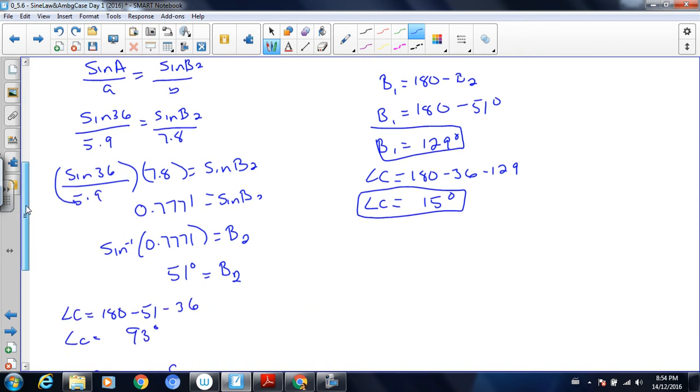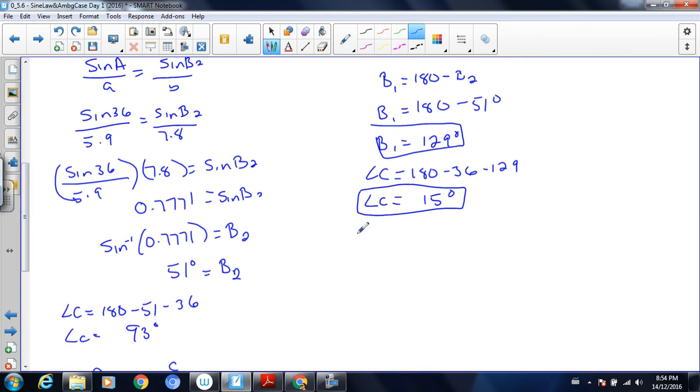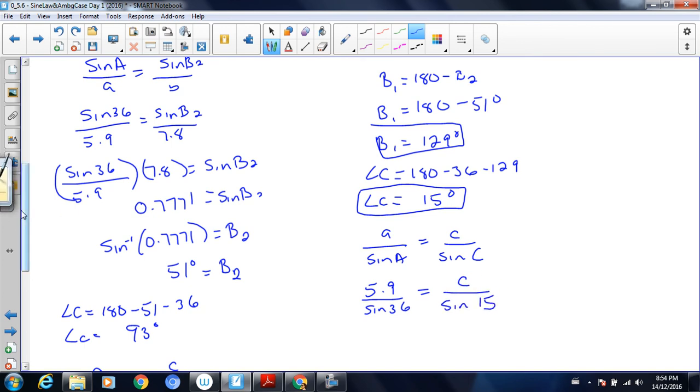Now I can go ahead and set up my ratio. My ratio is side A over sine A, which is equal to C over sine C. A was 5.9 over sine 36, which is equal to C over sine of 15.